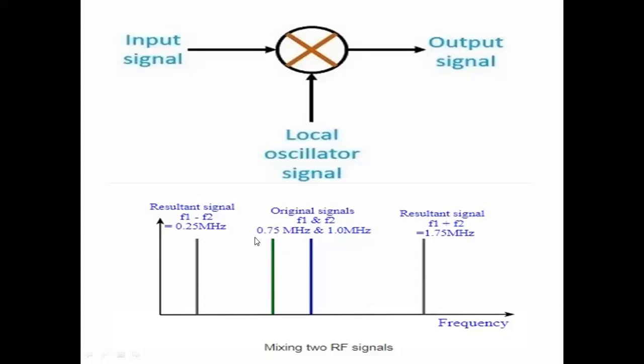So mixing two signals, whether by addition or subtraction, generates two signals. In this case, we will consider the difference of F1 and F2, F1 minus F2, for our analysis purposes.